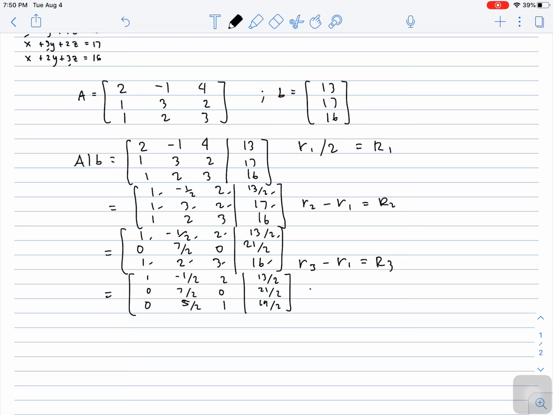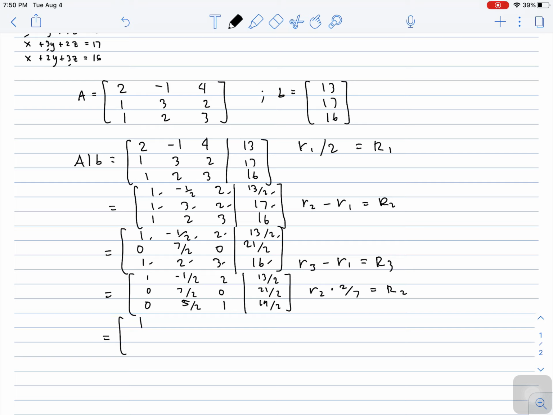So the reciprocal is 2 over 7, so R sub 2 multiplied by 2 over 7 makes the pivot 1. Right? Or you can do R sub 2 divided by 7 over 2. So it's up to you. It's equal to the new R sub 2.